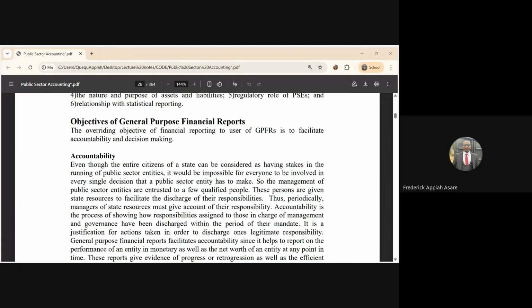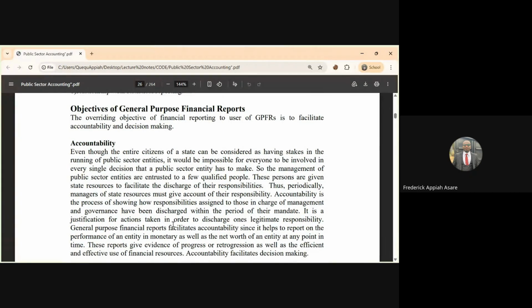So accountability is where people show that the responsibilities assigned to those in charge of management and governance have been discharged within the mandate.